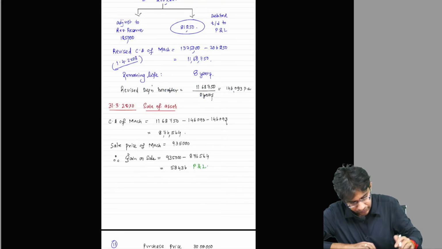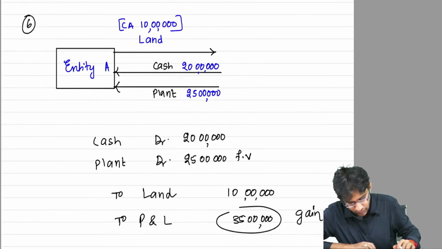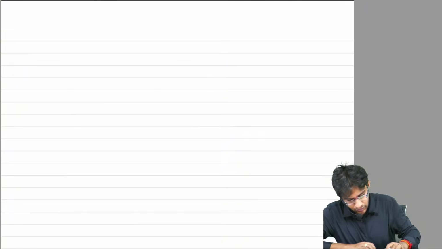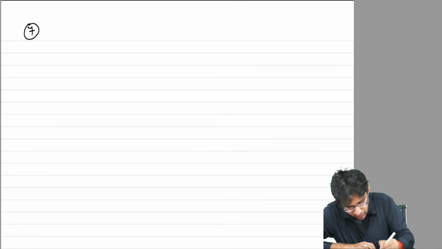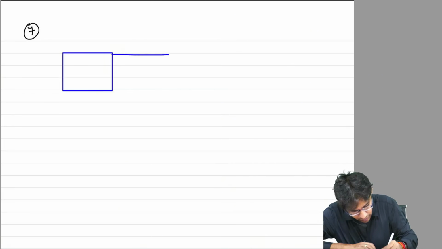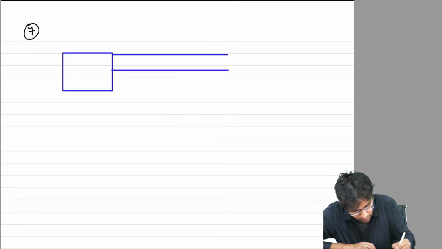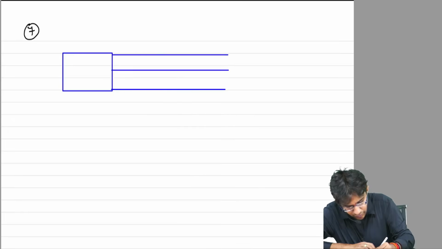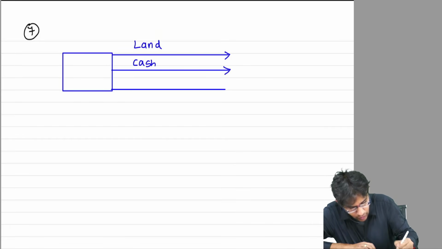See, what you have given is land. What you have given is cash. What you are acquiring is a private jet.